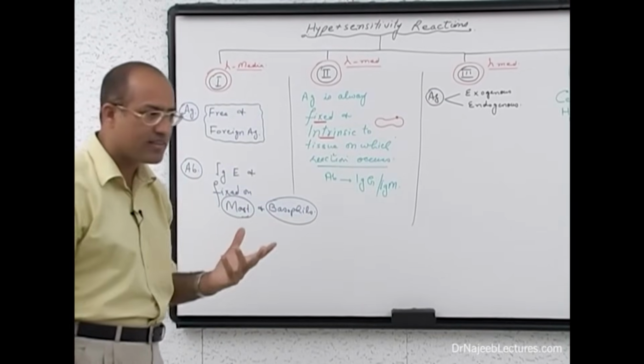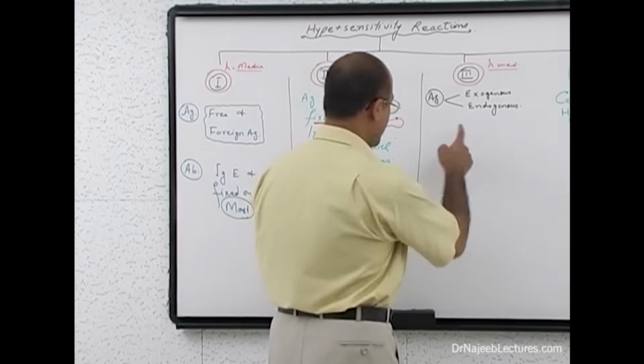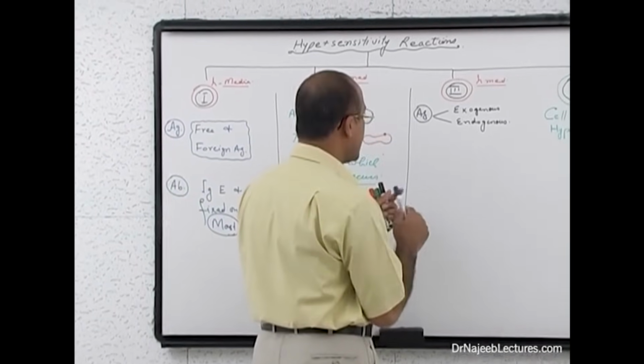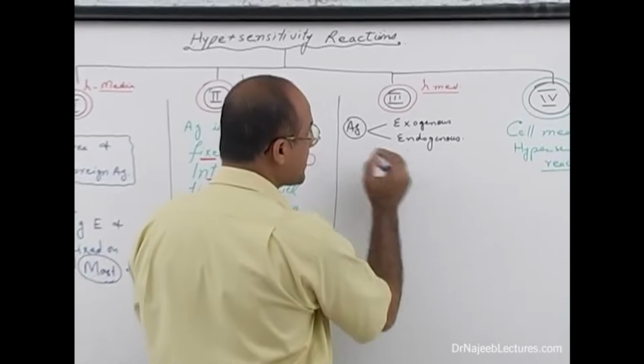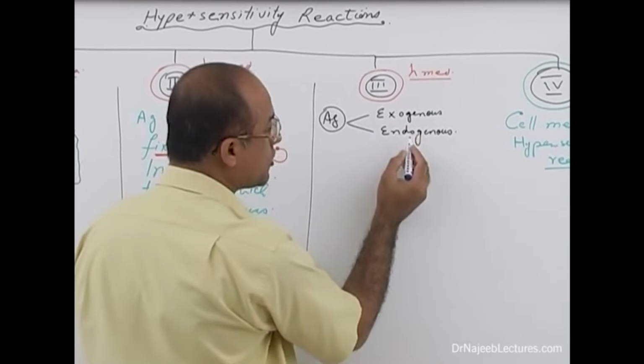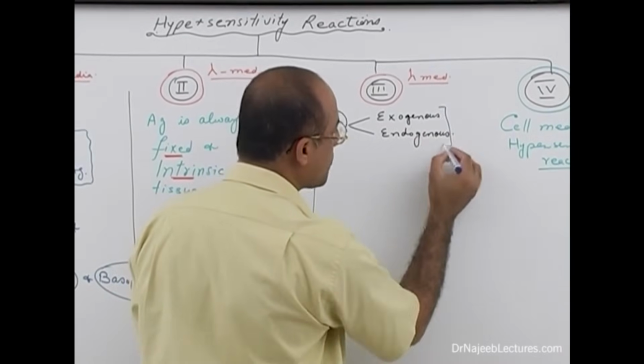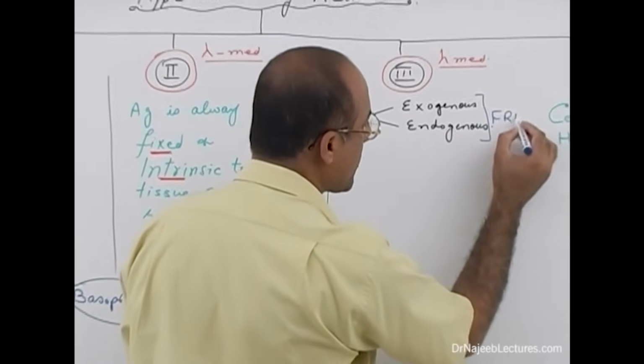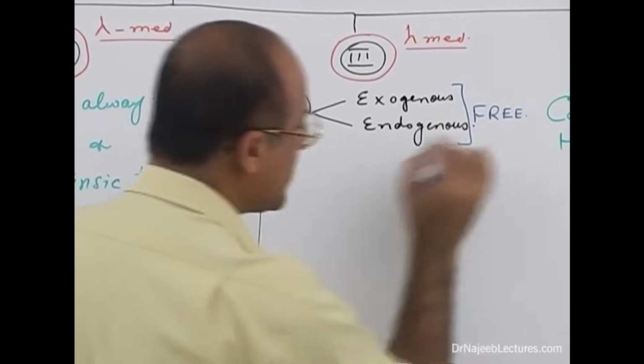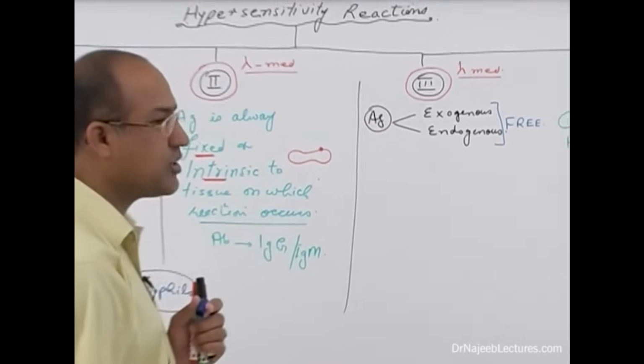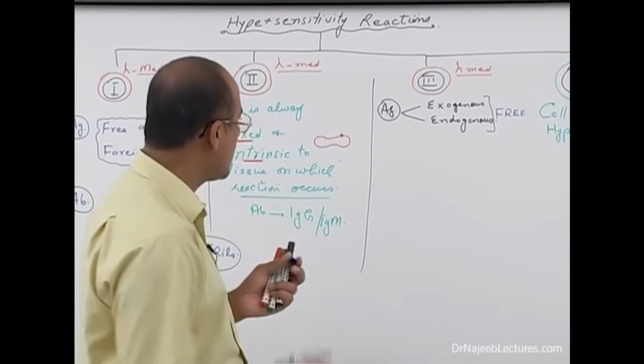Where is the difference? In type 3, the antigen may be exogenous or endogenous, but it is free. The antigen is always free.